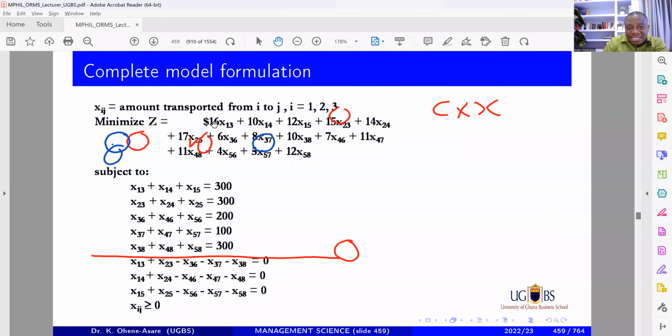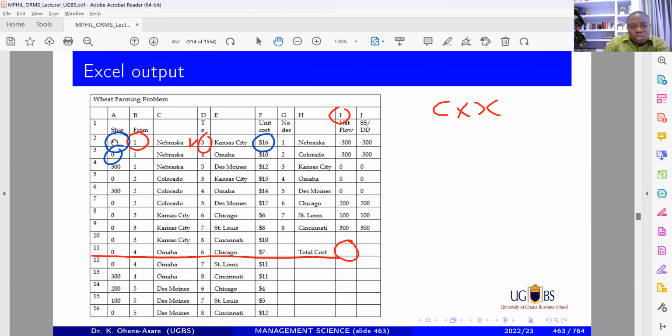You see 16x13 and then 10x14. That is what is here. So he's asking how do you now get the cost?